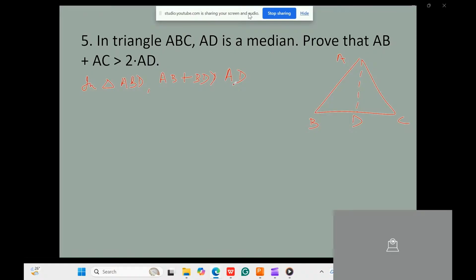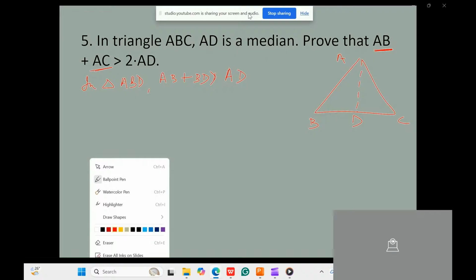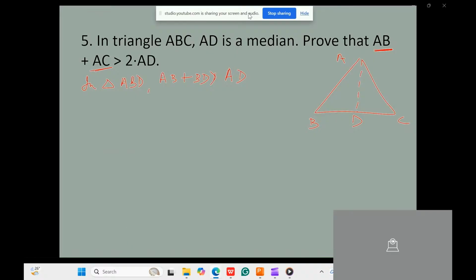Now, why am I taking this? Because see, we have to prove AB plus AC. Now, where is AB? So, this is AB and AC is here. So, we have this side AB, right? And on the other side, we are talking about AD. So, we need to have AB and AD in this.